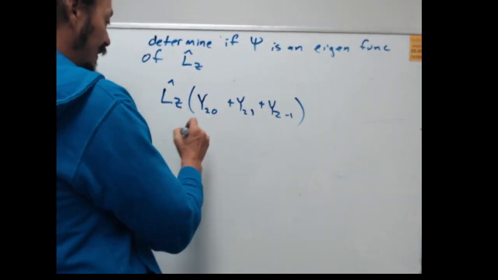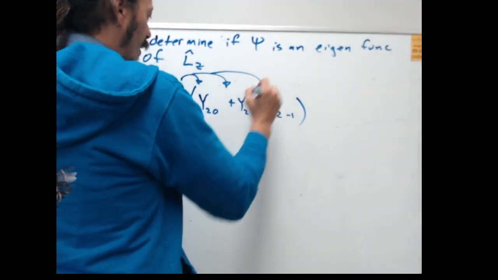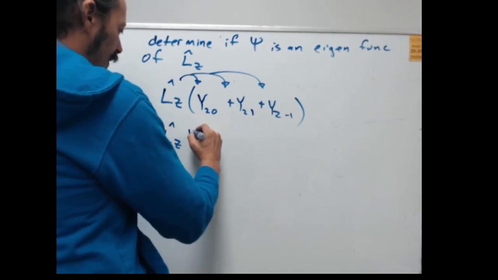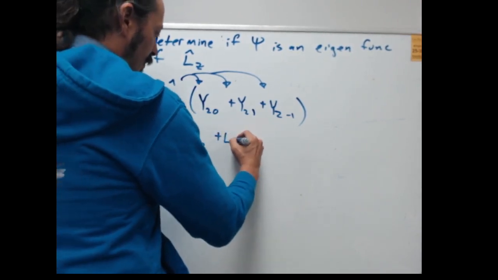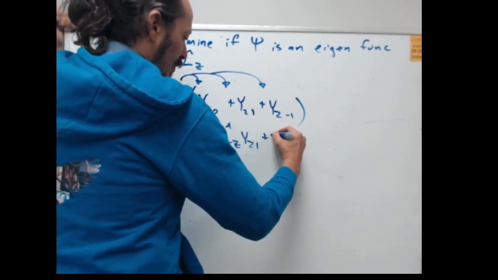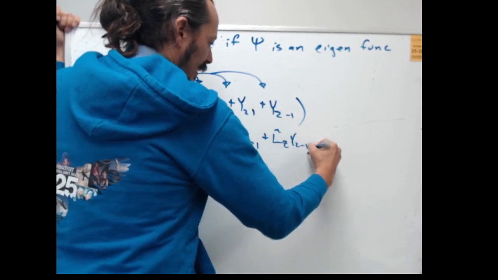So if I apply LZ, I'm going to distribute this operator to all three, and we're going to have LZ operating on y20 plus LZ operating on y21 plus LZ operating on y2 minus 1.